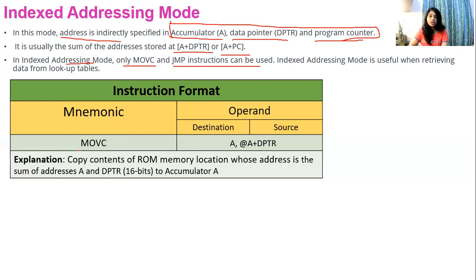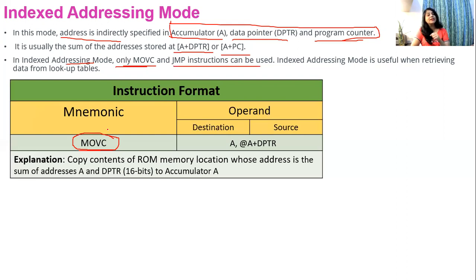So the instruction is MOVC. It is not a simple MOV instruction. The MOVC instruction is used for indexed addressing mode. In indexed addressing mode, only MOVC and jump instructions can be used. Now, what is the difference between the MOV instruction and the MOVC instruction? The simple MOV instruction is used for accessing data in the internal RAM of the 8051 microcontroller. We already studied the memory organization and architecture of the 8051 microcontroller.